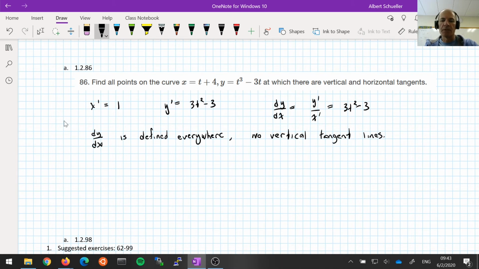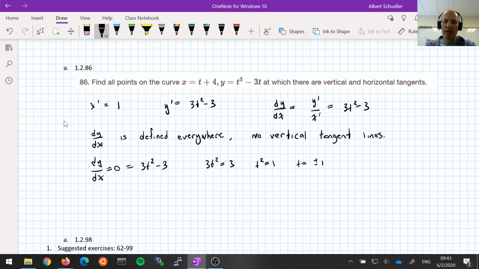What about horizontal tangent lines? Well, in those cases, we're looking for places where dy dx equals 0, or in other words, where 3t squared minus 3 is equal to 0. If we solve that, we have 3t squared equals 3, t squared equals 1, t equals plus or minus 1.